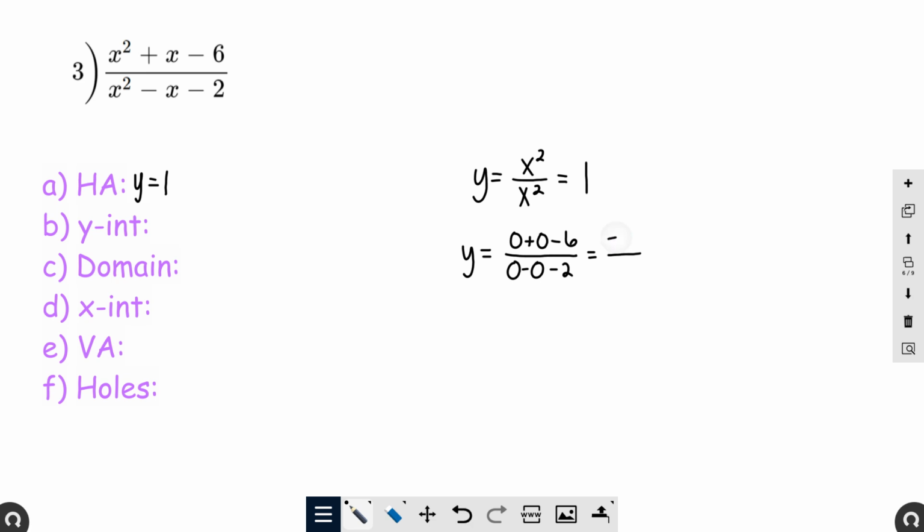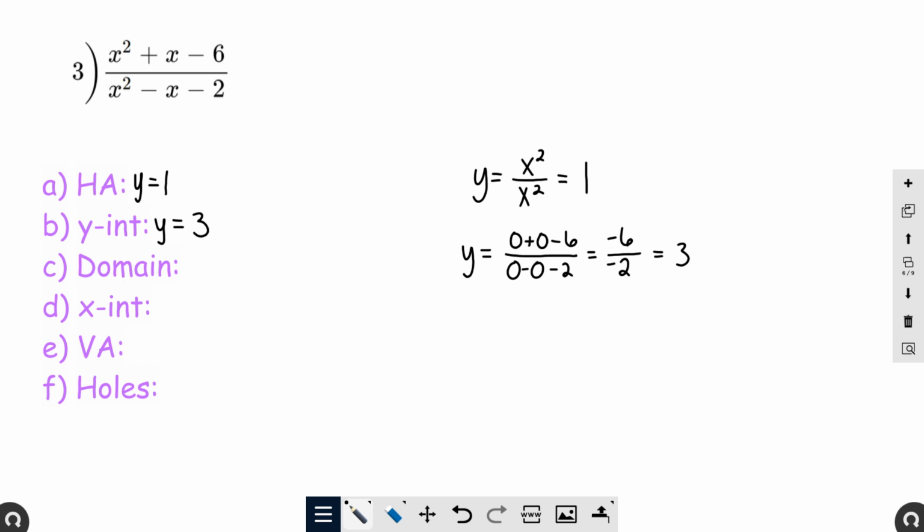So on the top, I'm left with negative 6. And on the bottom, I'm left with negative 2. Which simplifies to 3. I know it's kind of simple to see those, but it's actually a really good idea to write it out, as you will see in some problems that we do later.